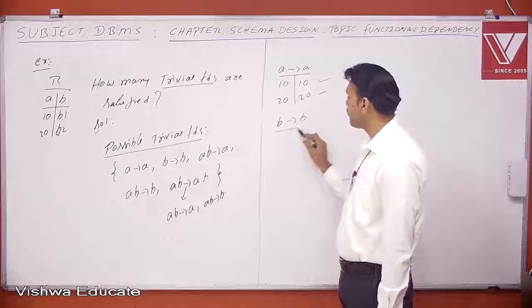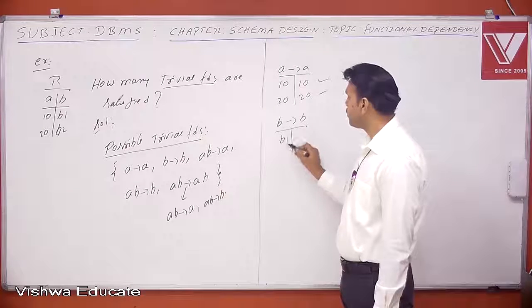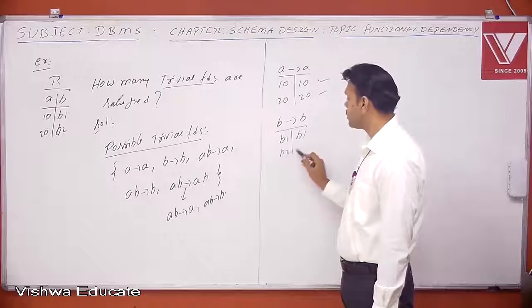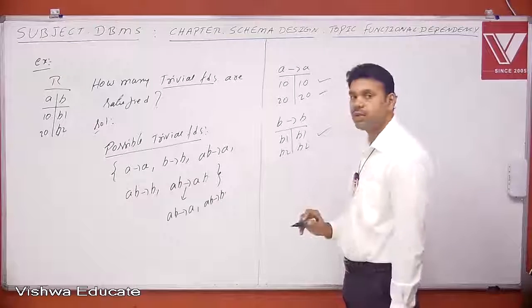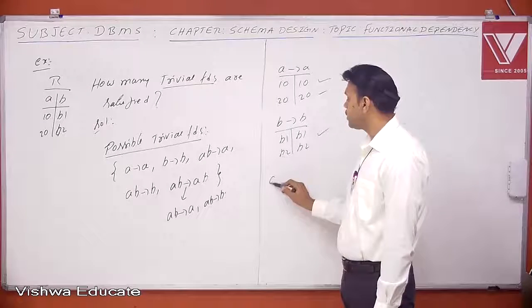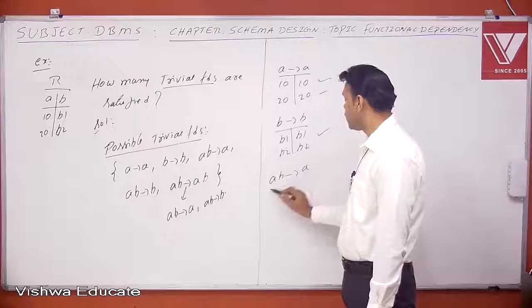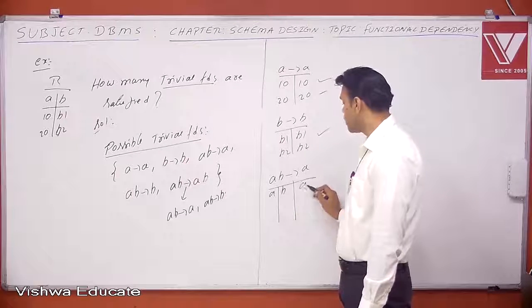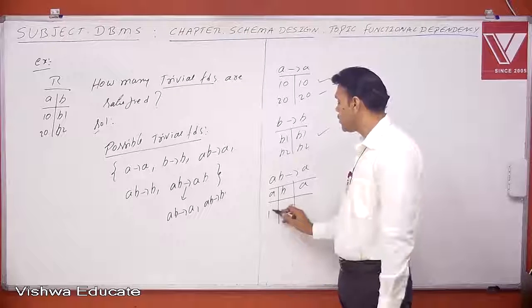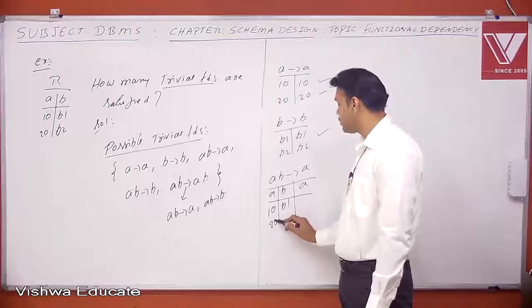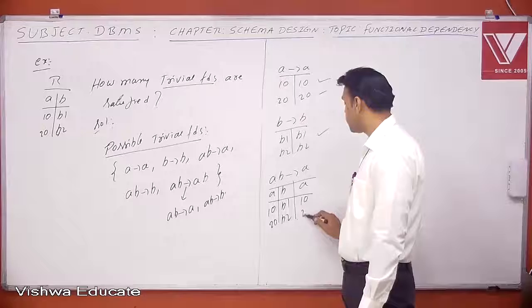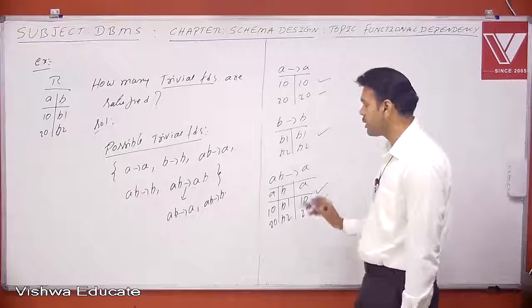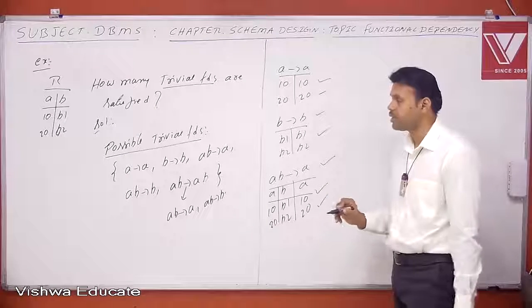B→B also: B1, B1, B2, B2. This is all satisfied. The next one, AB→A. Write the AB data and A data: 10 B1, 20 B2, then 10 and 20. Satisfied.